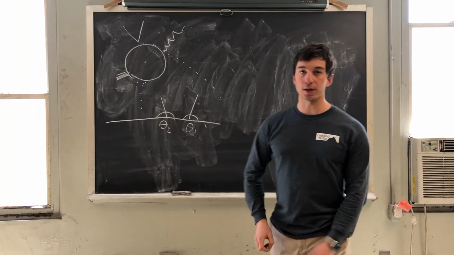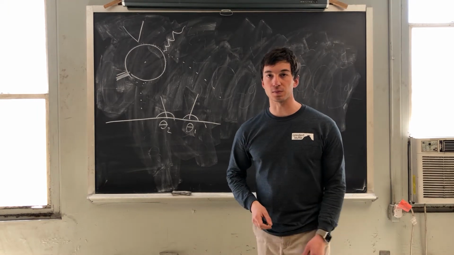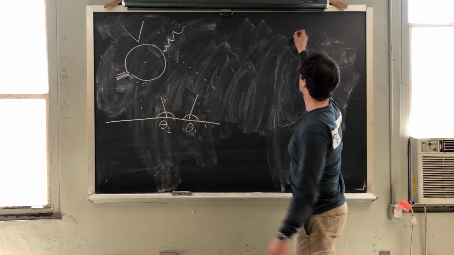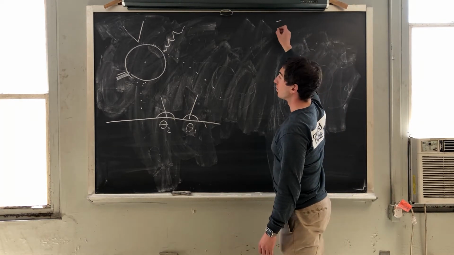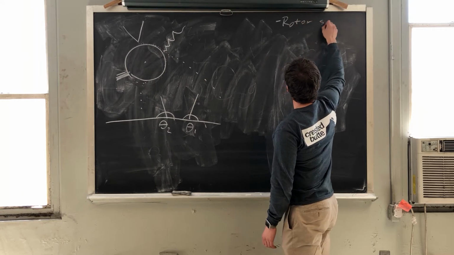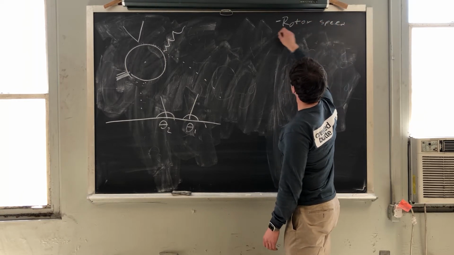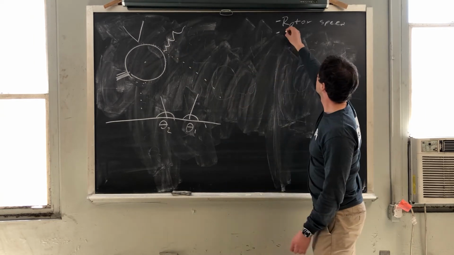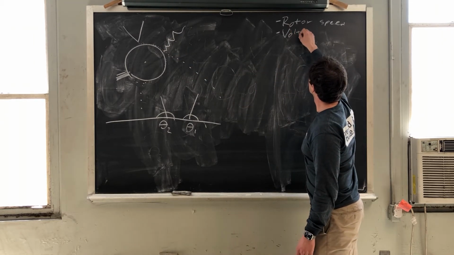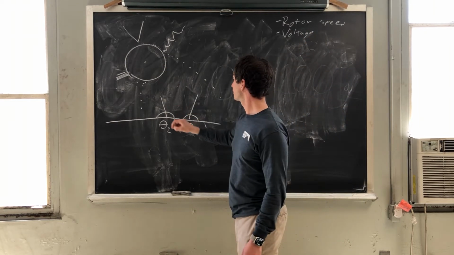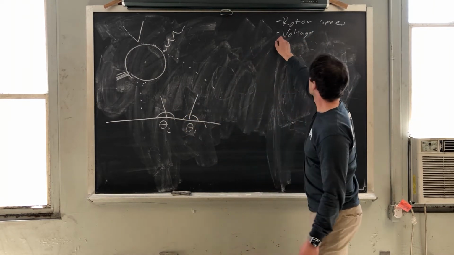Let's think about the separation and how our separation parameters will affect the split. So our separation parameters are, we have our rotor speed, we have the voltage going to the electrostatic separator, and we have our splitter positions.